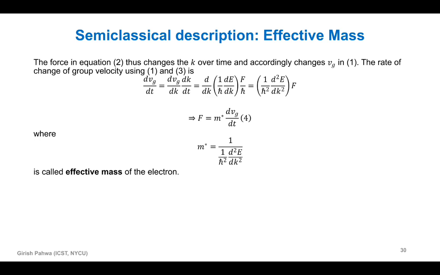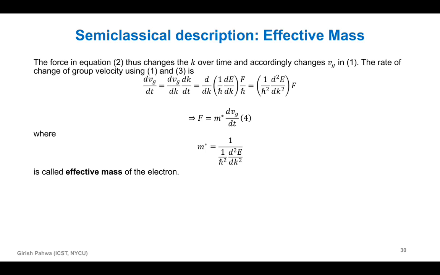Now I have an electron wave packet, and there is a relationship between dVg by dt and the force, but m is not the actual mass of the electron, it is the effective mass. F is equal to m star into dVg by dt.